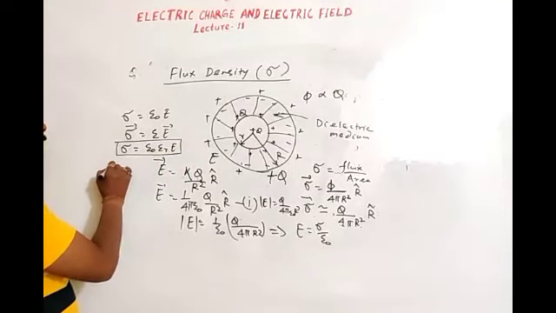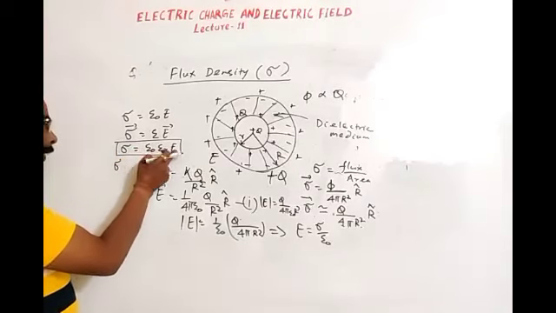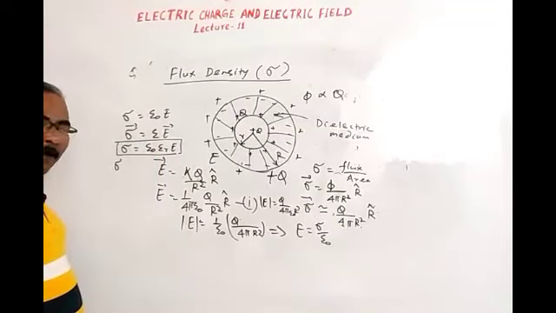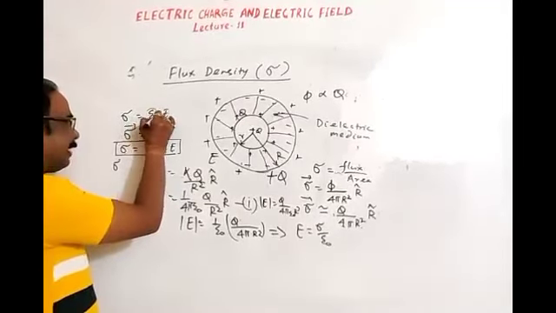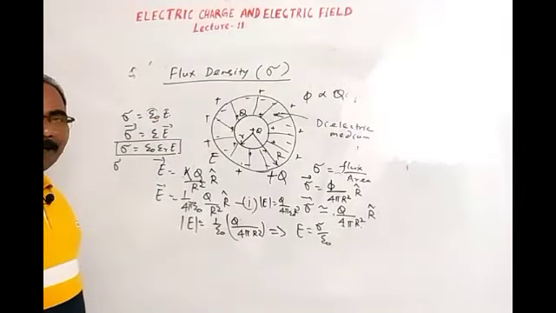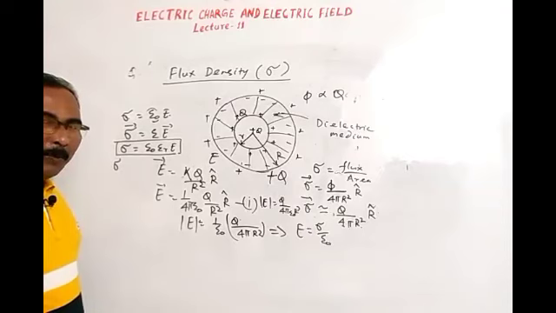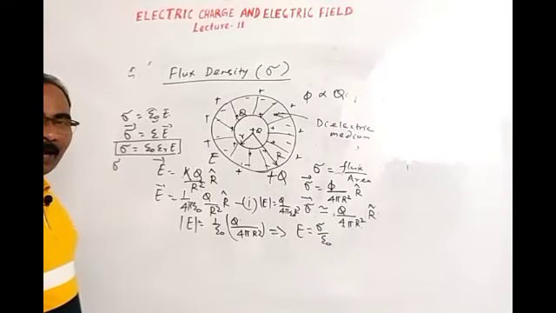So it shows that flux density and electric field are directly proportional for a given medium, and epsilon naught is a constant, so the electric field is directly proportional to flux density. If the flux density is more, then the electric field is stronger.